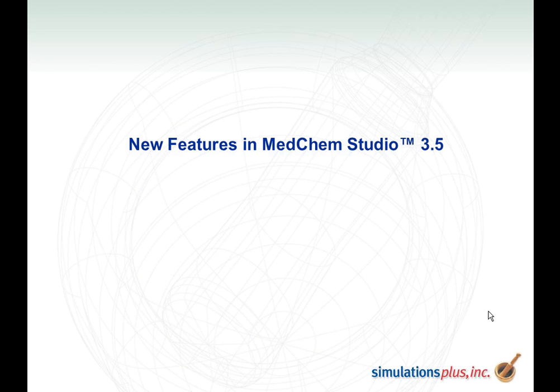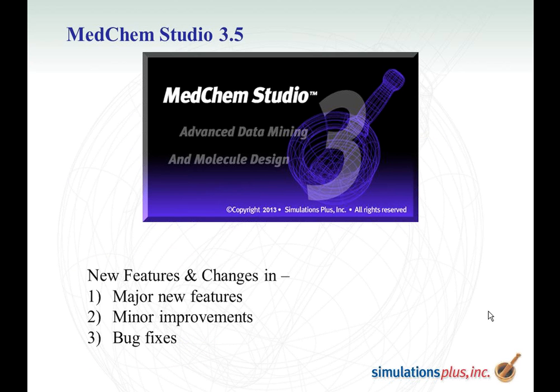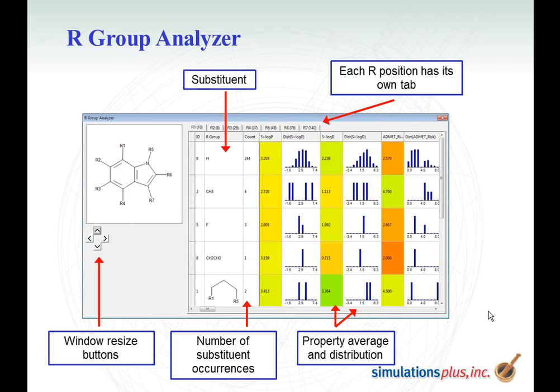In MedChem Studio 3.5, we have made several improvements, several bug fixes, and added many new features. The ones I will introduce here are just to highlight some of the important ones. A very important feature is the R group analyzer.